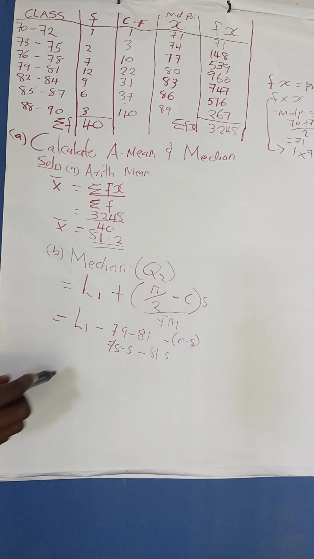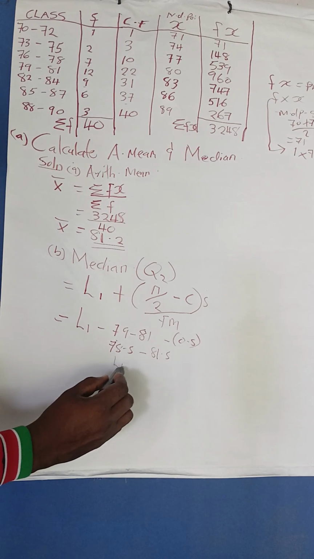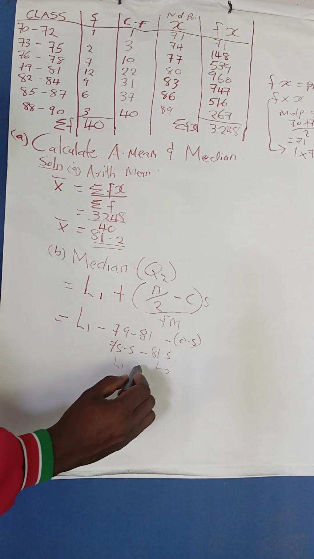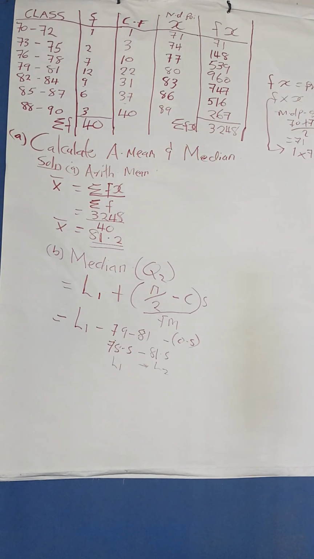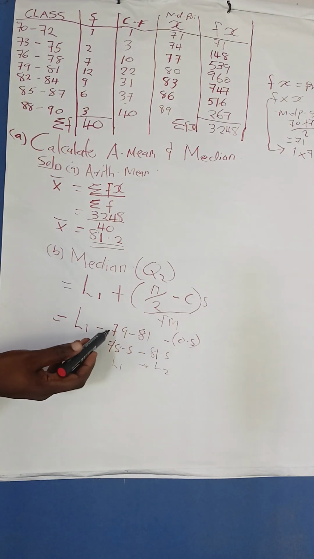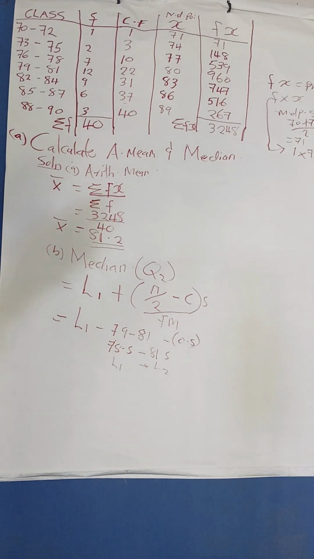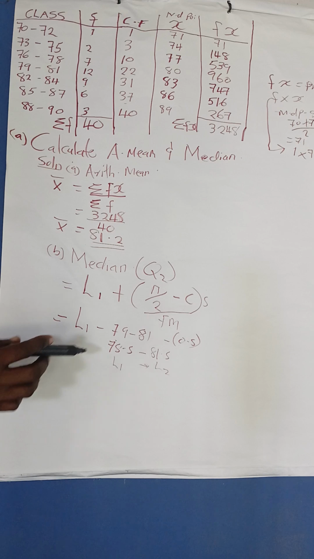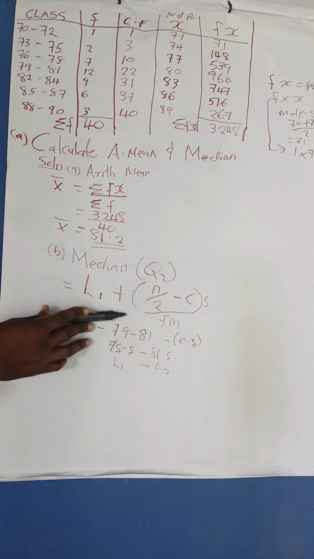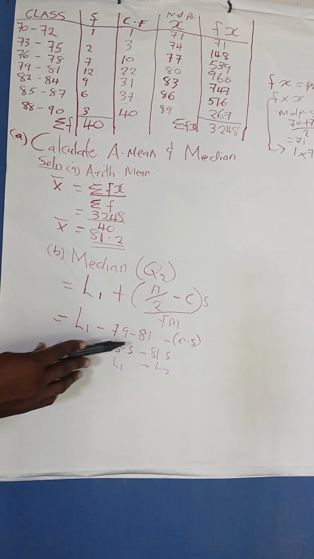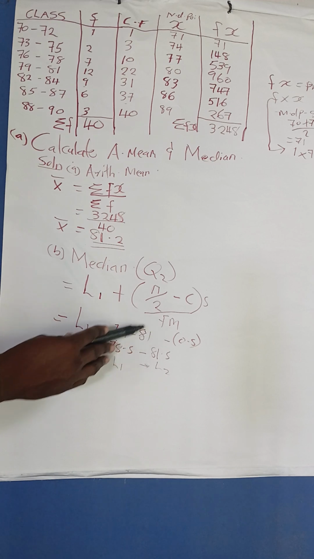Now, 78.5 becomes your L1, and 81.5 will become your L2. That is how we get L1 and L2. Very simple. After you have identified the class, you subtract the smallest value from 79, then add the same 0.5 to 81.